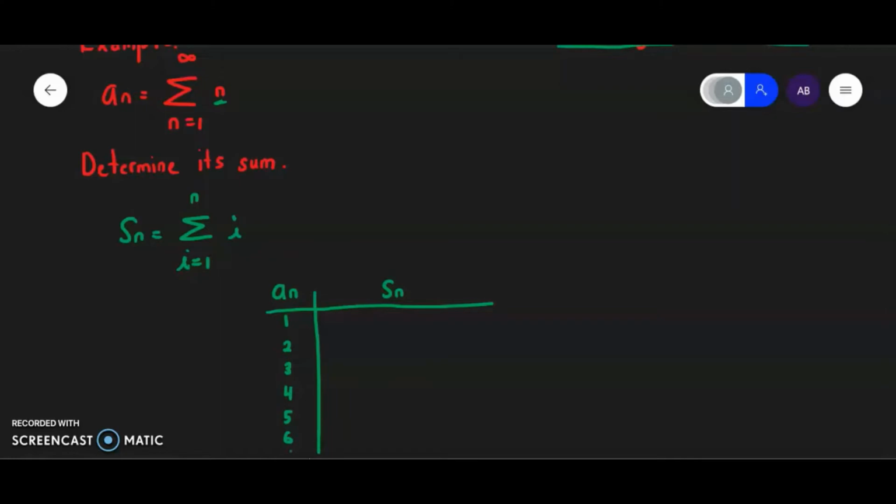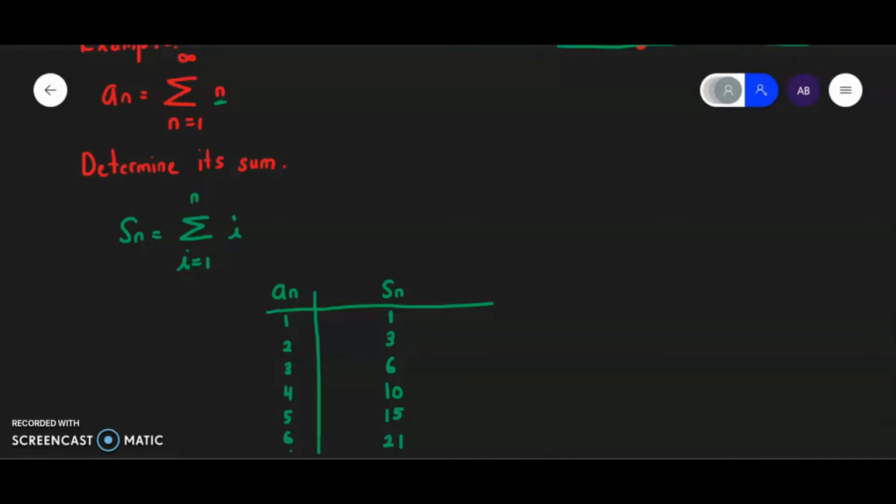Now the partial sum here refers to the summation for Sn. So if this is 1, this one will be 1 plus 2, 3. 1 plus 2 plus 3, 6. 1 plus 2 plus 3 plus 4, 10. 1 plus 2 plus 3 plus 4 plus 5, 15, and 21.